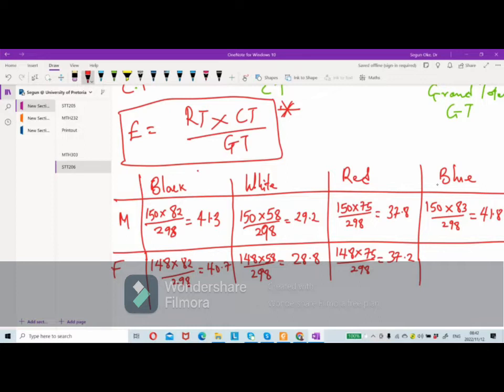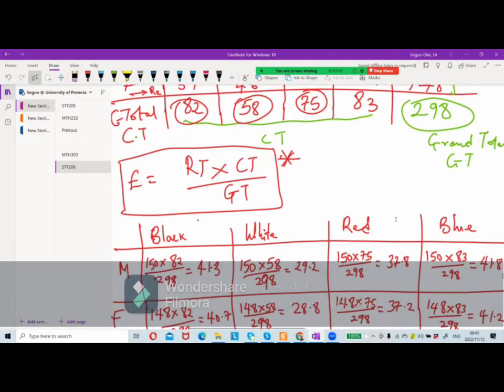So the last one: 148 times 83 divided by 298. The answer is 41.2. Are we all together now? Any question?